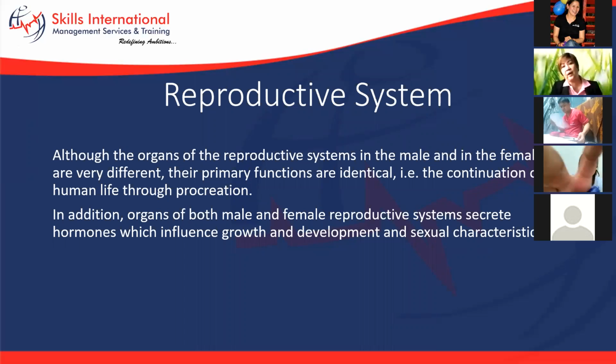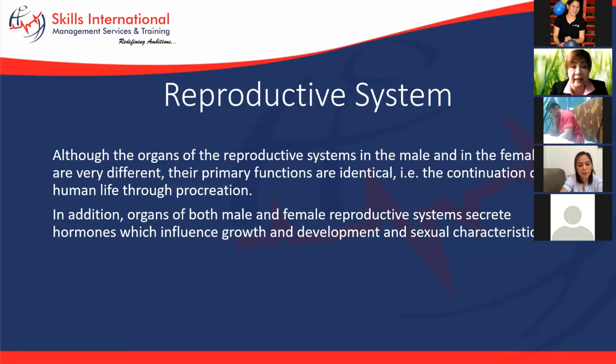Going to reproductive system. So ano ba ang tinatawag nating reproductive system? So it is the organ. Ang reproductive system natin is the organ of the reproduction of the male and the female. So meron tayong male and female dito.